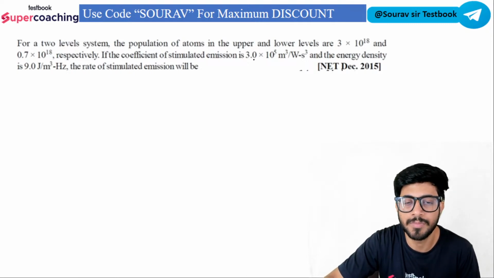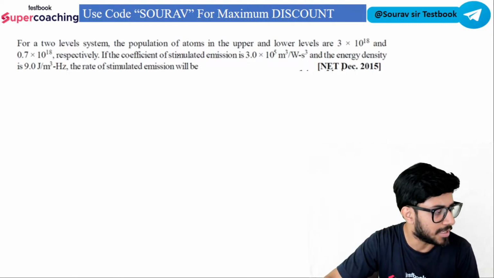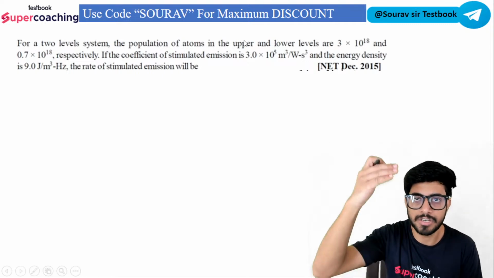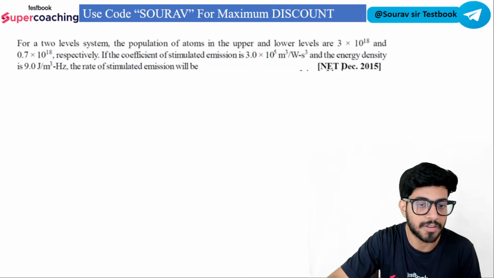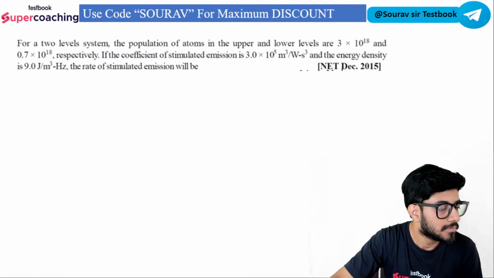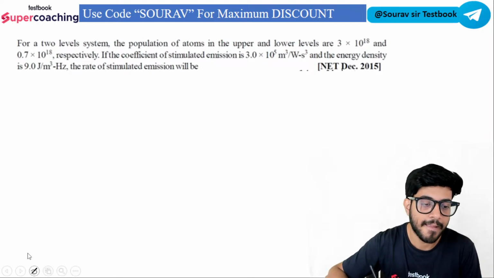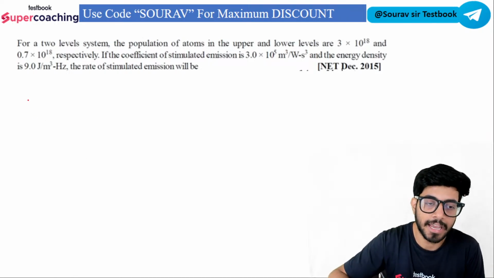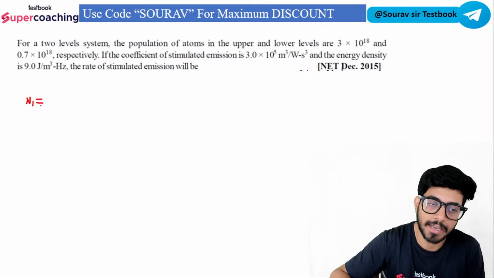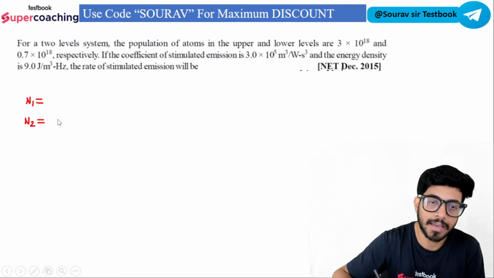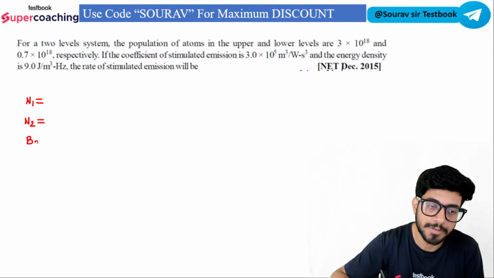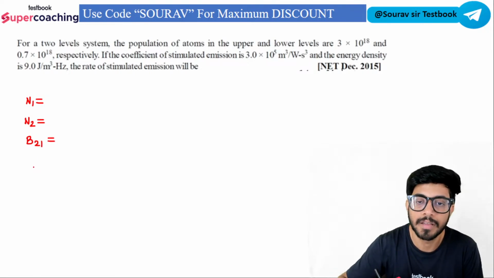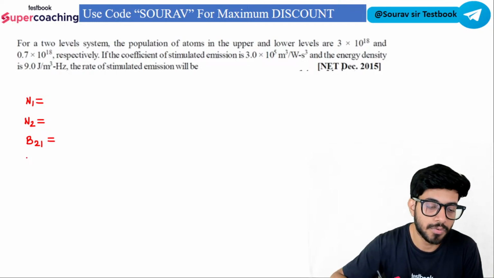If the coefficient of stimulated emission, stimulated मतलब of course B, stimulated emission मतलब B21 is this, then the energy density is this, and the rate of stimulated emission क्या होगा? रेट ऑफ स्टिमुलेटेड एमिशन क्या होगा ये पूछा गया है। तो देखो, दो लेवल है, N1 बताया गया है, N2 बताया गया है। The coefficient of stimulated emission, emission मतलब 2 to 1 बताया गया है, and energy density बताया गया है U of nu.